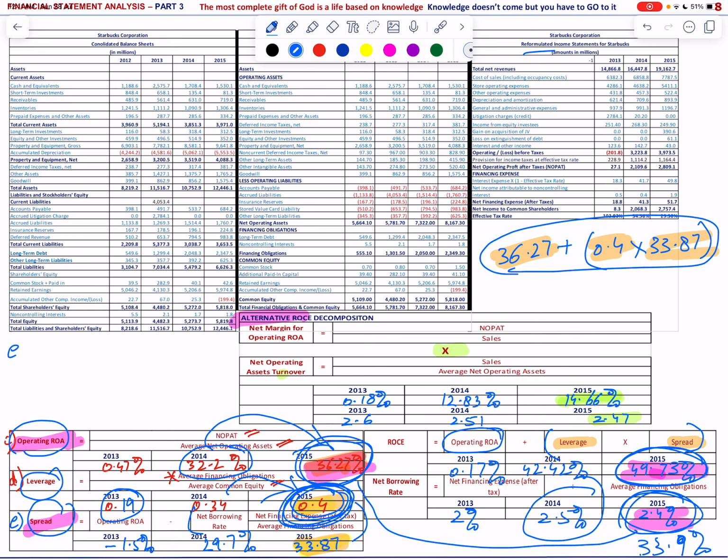Unlike the traditional method, the alternative approach reveals clear trends in leverage changes and offers deeper insight into financial flexibility. Overall, this alternative analysis underscores Starbucks' effective use of leverage to boost returns for common equity shareholders, emphasizing its strategic advantage of borrowing at low cost to generate higher operating profits.